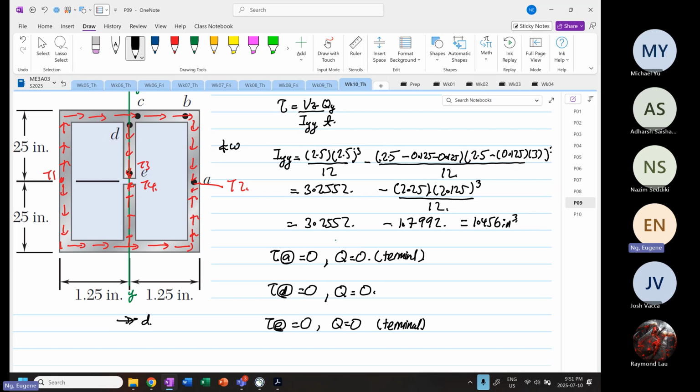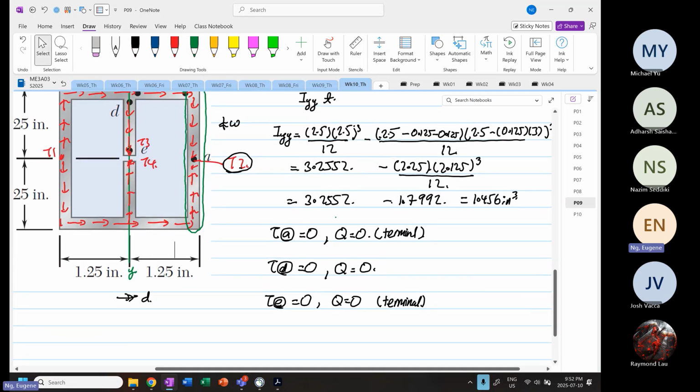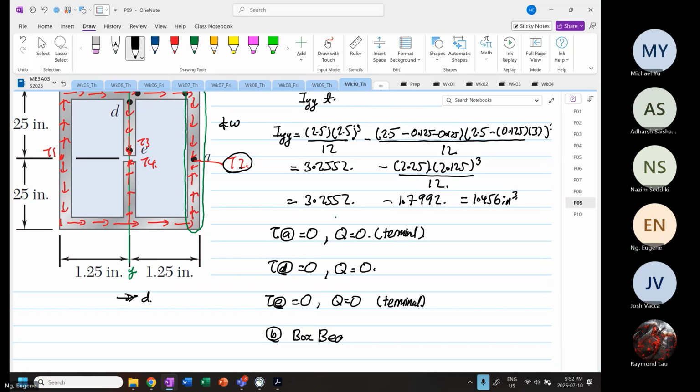Okay. So now we want to find the shear stress at point B. It starts from this terminal. The area of interest is this entire area now. So we know that this is a box beam analysis. At point B, we're going to have 2Q.